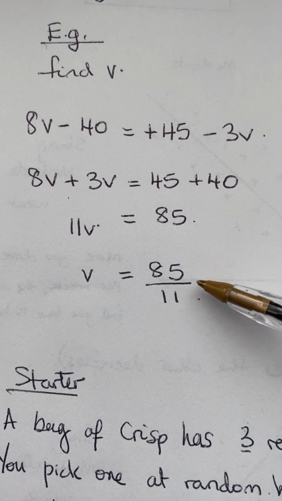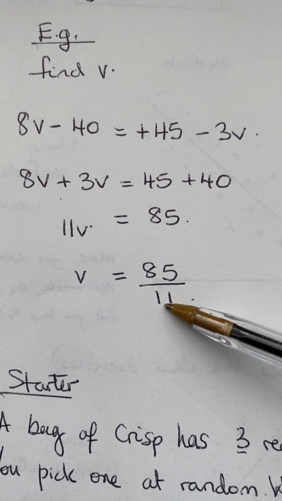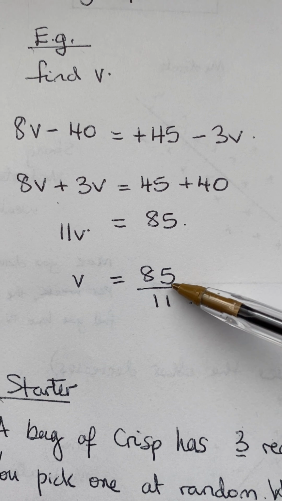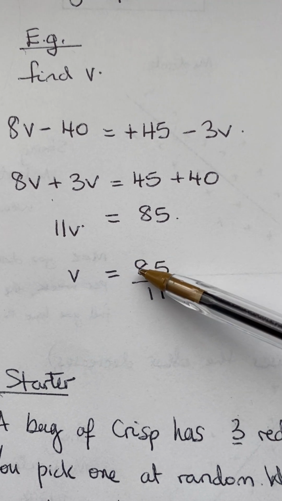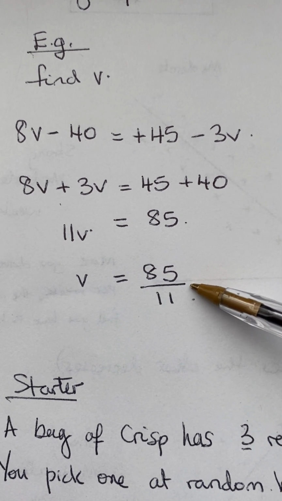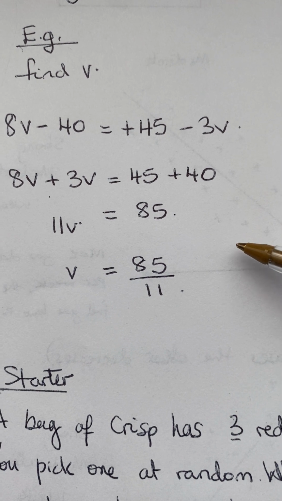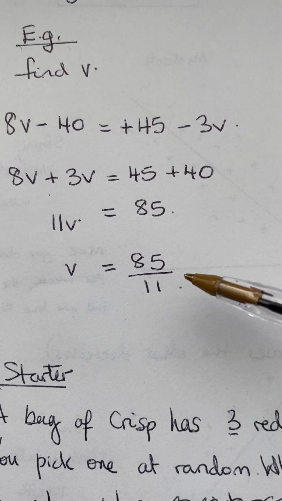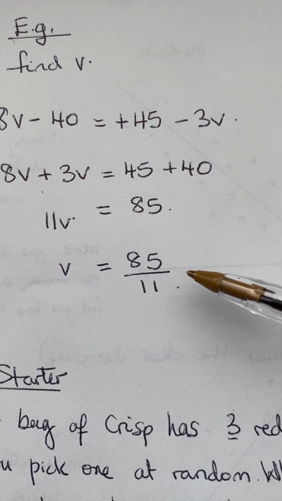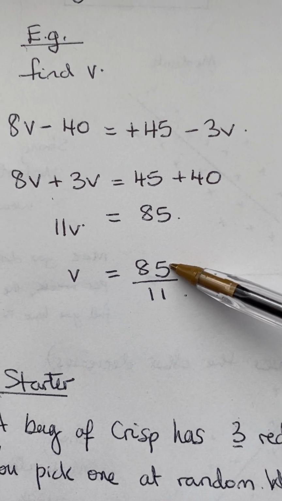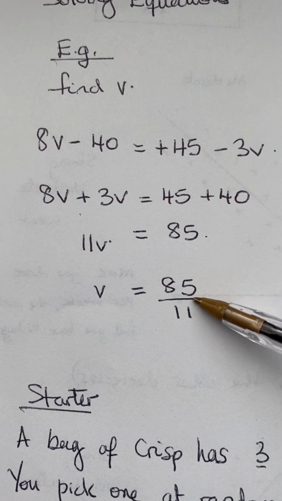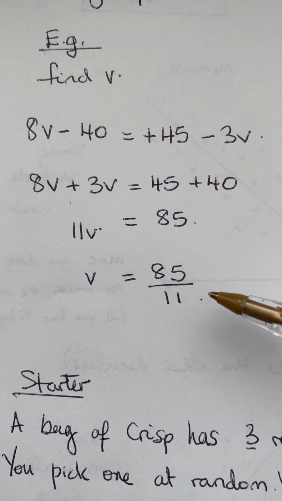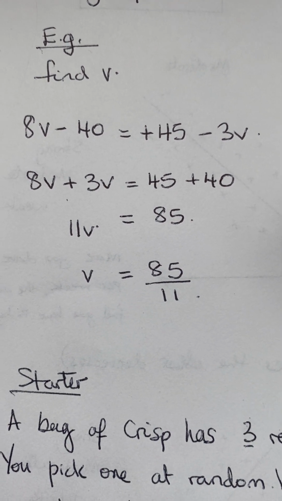So I'll rather leave my answer this way so that if I have to substitute and do something else with it, this will be a lot easier. And it saves time as well. If they've not asked you to do something, don't do it, because you won't get extra marks for it.